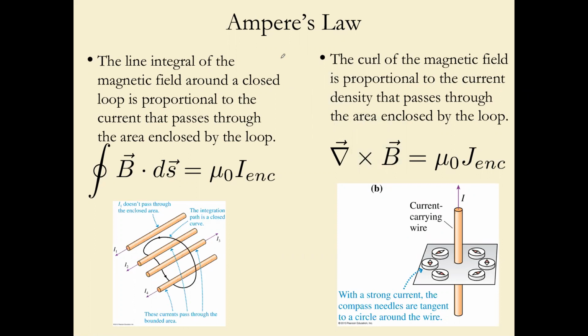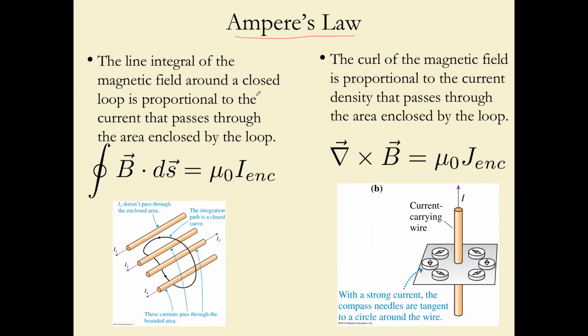If you remember, to calculate the electric field of a charge distribution, we learned Gauss's law, and it made our job very easy for many charge distributions. And here we will learn a similar law, which is Ampere's law, to calculate the magnetic field of a current distribution.